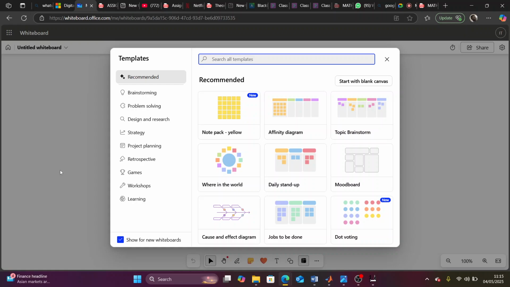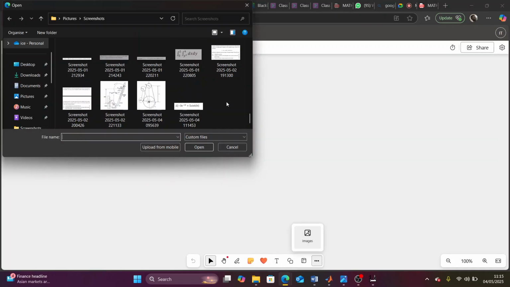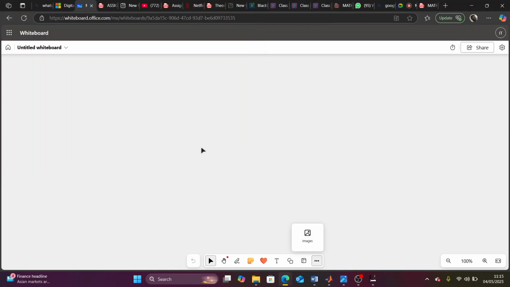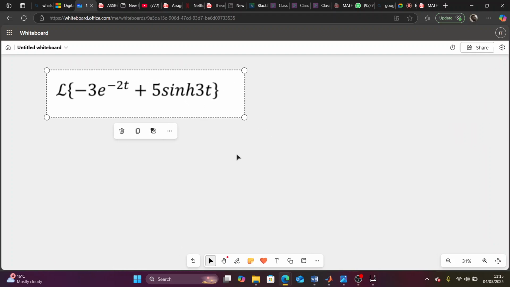Okay, now Mr. Trinichi, when it comes to Laplace, what do we do? This is just simple Laplace. We just apply formulas. For instance, you are asked to solve for the Laplace of this and this. Now, what do you do? I don't know if you have the formula sheet with you.